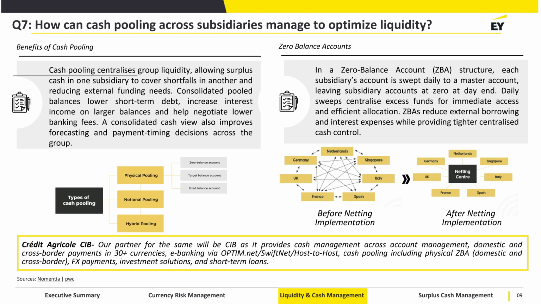Now, we move on to address question 7 in slide 10. Question 7 deals with specifically cash pooling across various subsidiaries in order to manage, maximize, and optimize liquidity. The slide is divided into 2 parts. Firstly, the various benefits that ABC company would accrue from the process of cash pooling.